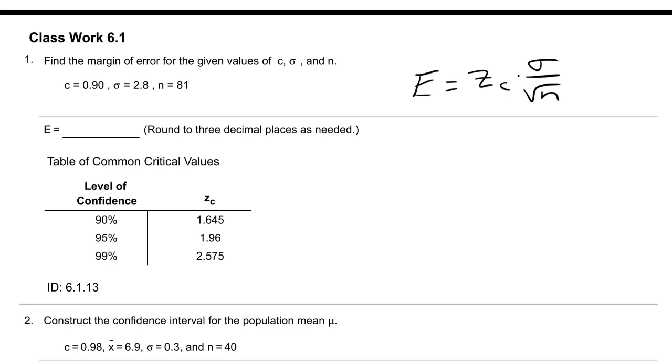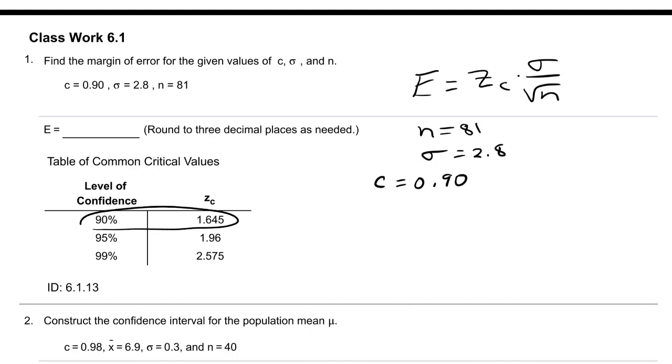Okay, so we've already been given that n is 81, that sigma is 2.8, and we know that a C of 0.90, if we look over here, that's a 90% confidence level, would give us a critical z of 1.645.